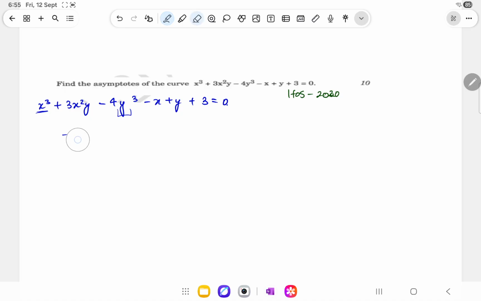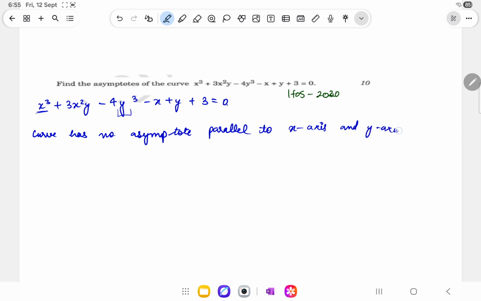So from here I can say that the curve has no asymptote parallel to x-axis and y-axis. Now let us just find phi 3, phi 2 and phi 1 because the highest term is degree 3.